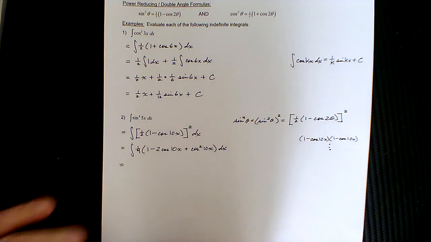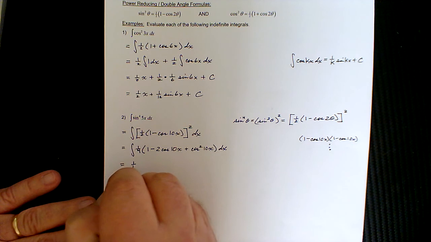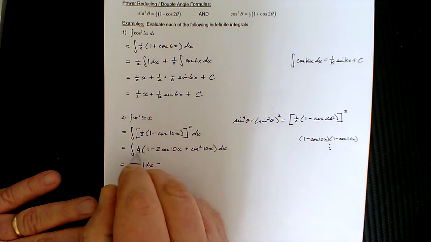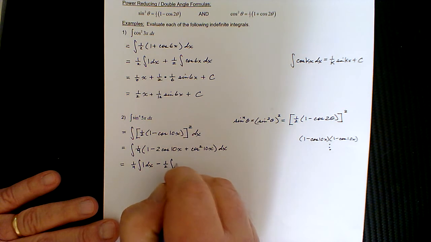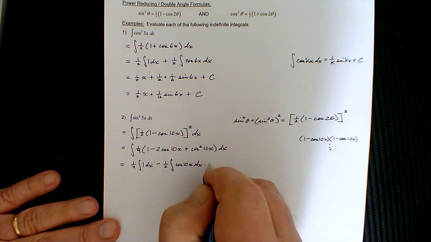Okay, and then at that point, to make it simpler, let's separate this now into 3 integrals. So 1/4 integral of 1 with respect to x. 1/4 times the negative 2, negative 1/2, integral cosine of 10x with respect to x.